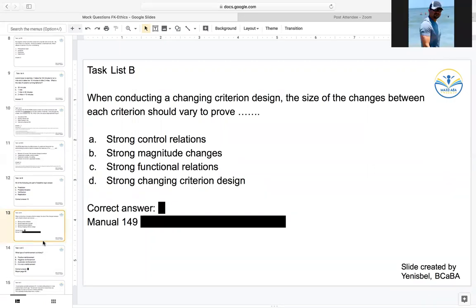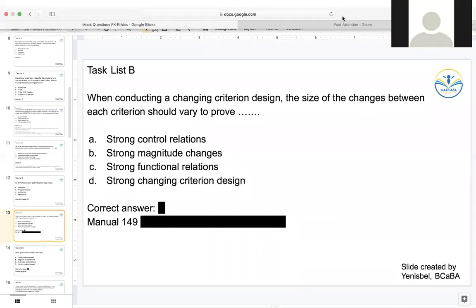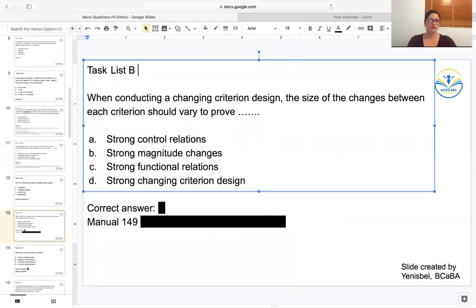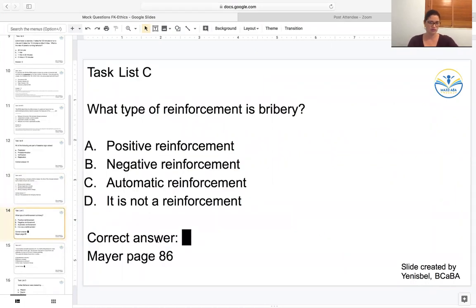C. It is C. Guys, you're on a roll today. You can find it in Cooper, the BCBA, in the part where it says guidelines for changing criteria. If you notice, I put the book and the page number in case you want to go back and double check.